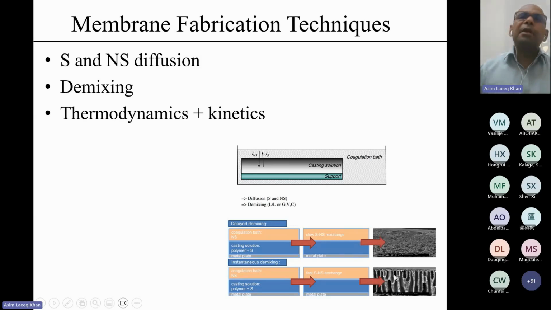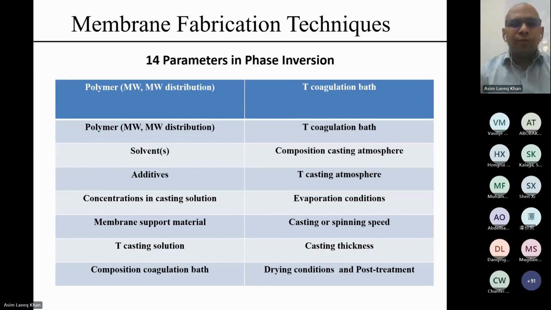So we can make membranes of different morphologies, different configurations, different porosities, depending on which type of polymer we are using, what is the concentration of polymer we are using in the solvent, and what is the exchange rate between the solvent and non-solvent. If you can see here, there are 14 very common parameters that we can control in phase inversion. What is the polymer that we use?